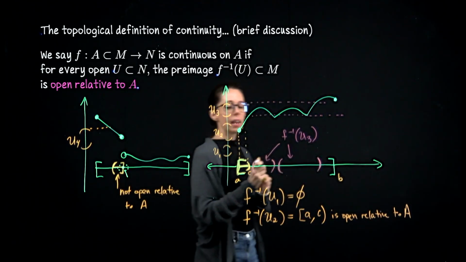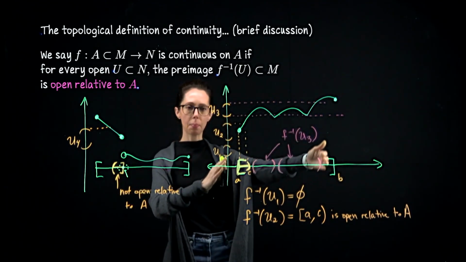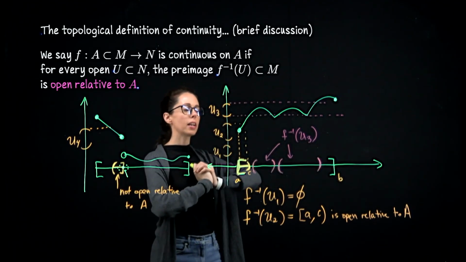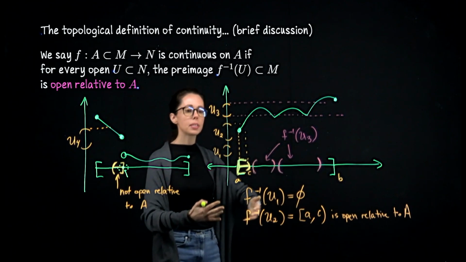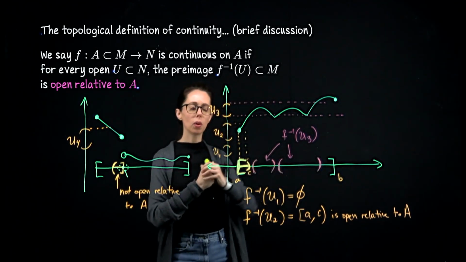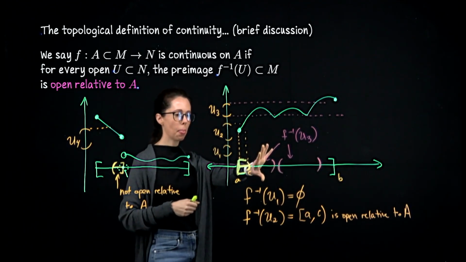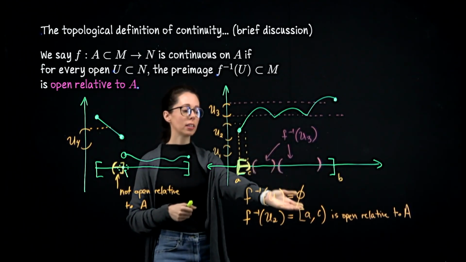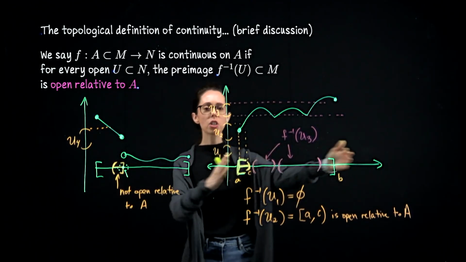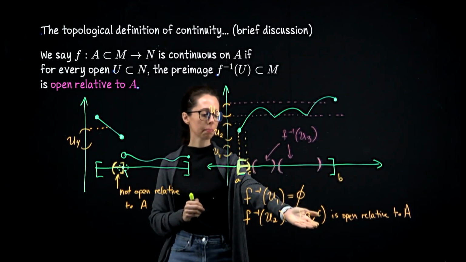If I now say this domain is a proper subset of a larger metric space, maybe I'm treating the closed bounded interval from A to B as a subset of the Euclidean line, so this is the more normal visualization of such a function. In this situation, this set no longer looks open because there's a larger metric space outside of our domain.